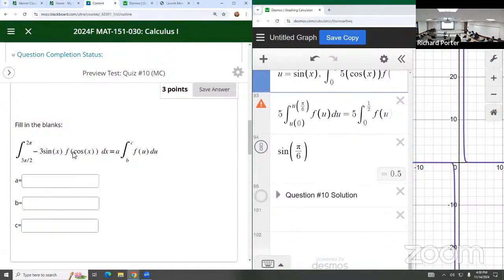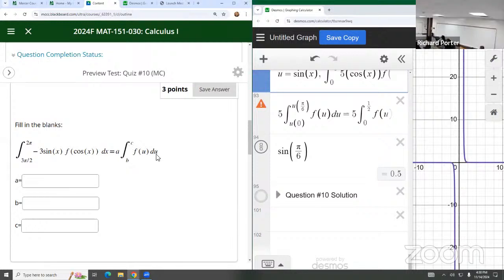What did they do here? You're saying I have a definite integral with a lot of x's, and it says change it into another integral with a bunch of u's. But then it's saying, what are A, B, and C?